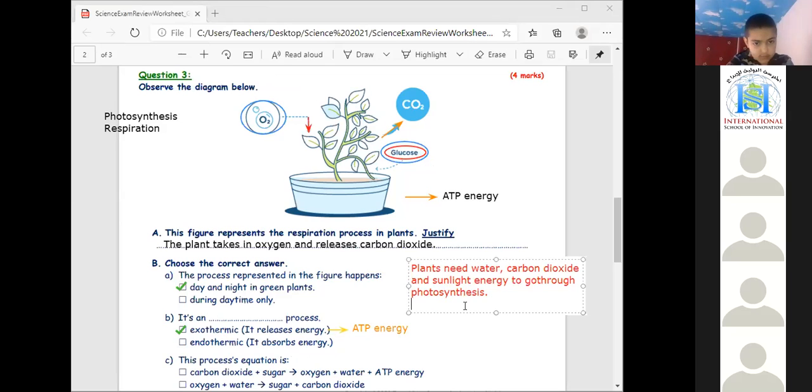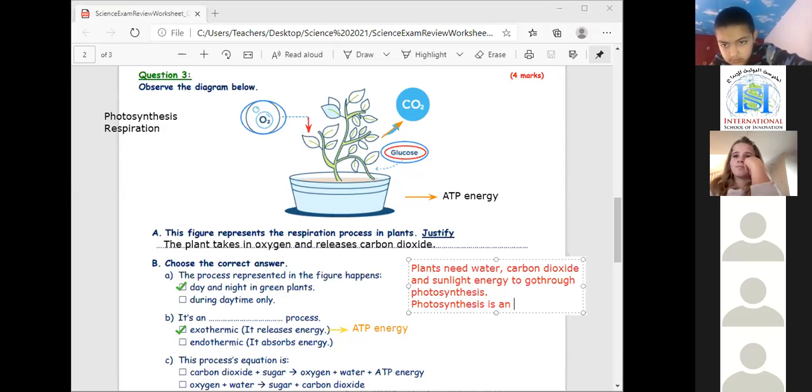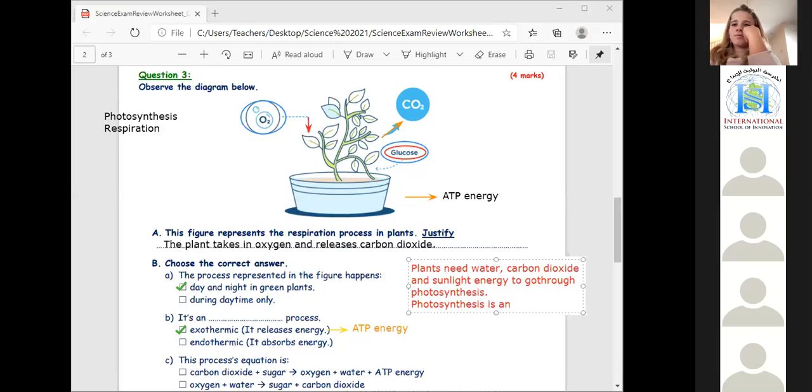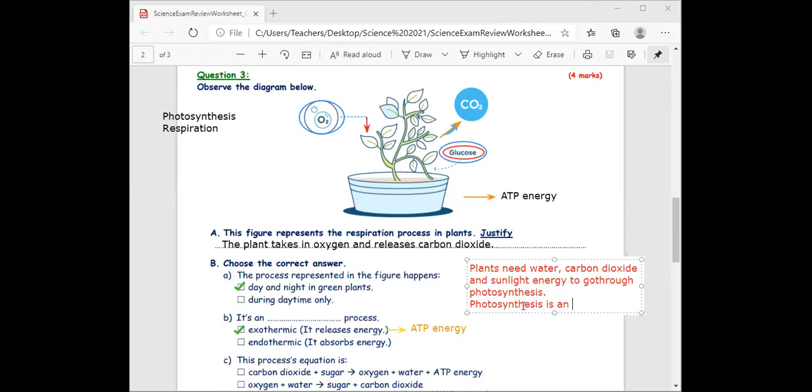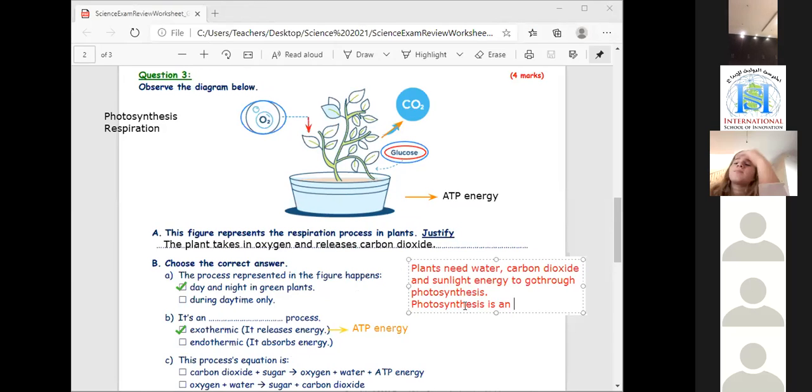So, is photosynthesis exothermic or endothermic? Is it exothermic, it gives energy, or endothermic? It's endothermic. It takes energy. Look at the worksheet.